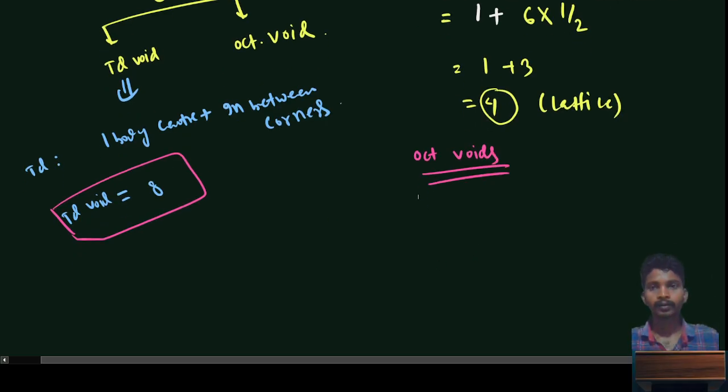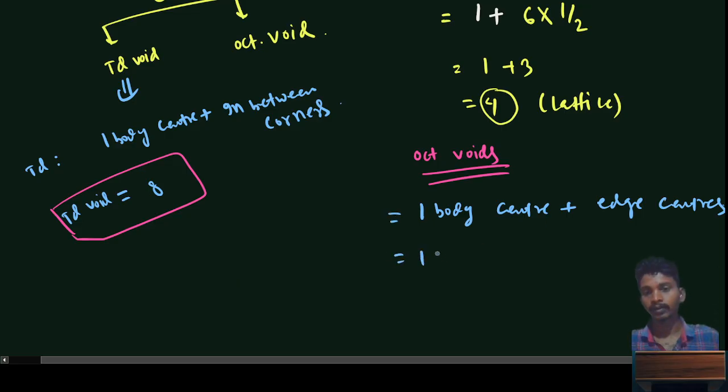And for octahedral sites, one is present at the body center, with contribution 1, and the others are at edge centers. There are 12 edges, and the contribution of each is 1 upon 4, so that is 3.